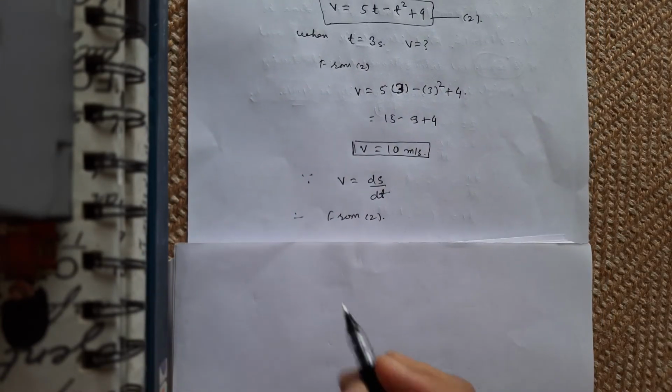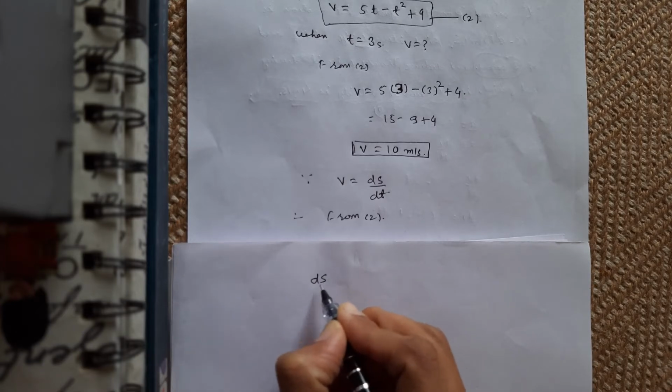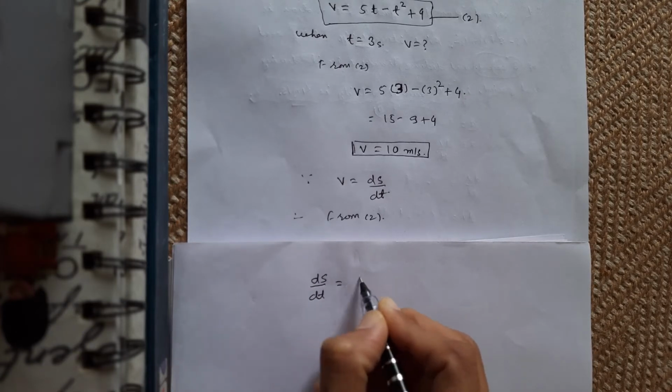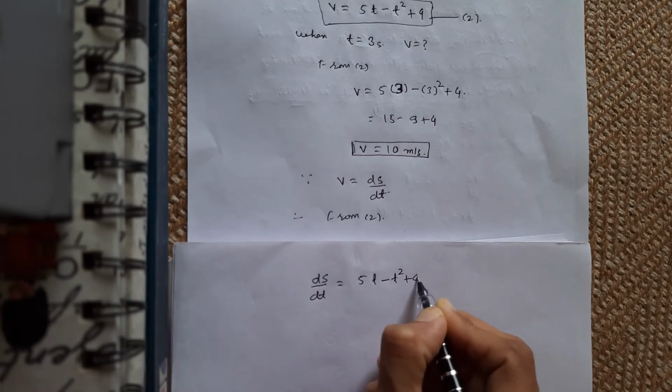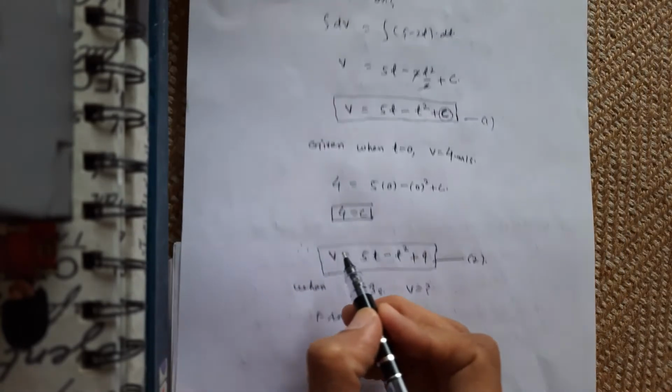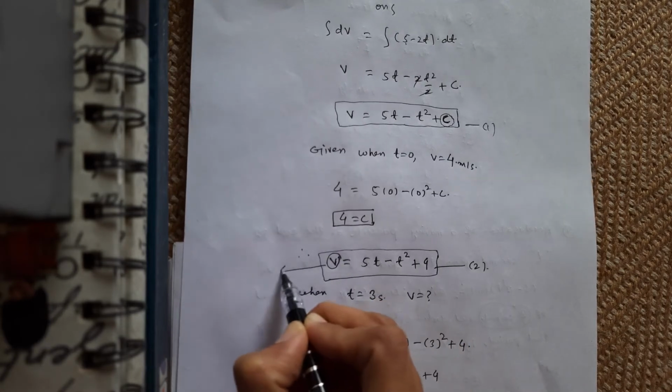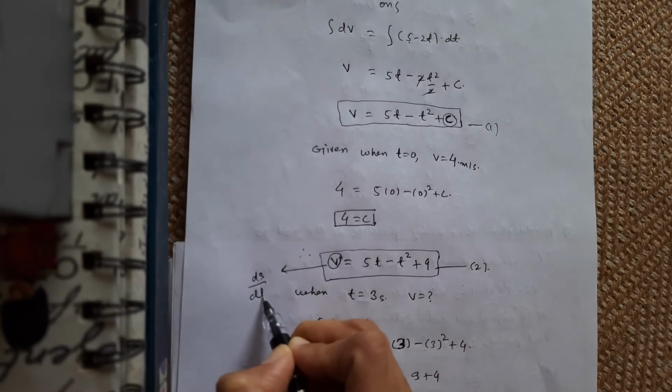So from 2, ds upon dt equals 5t minus t square plus 4. What I am doing here, I just replaced this velocity v by ds upon dt.